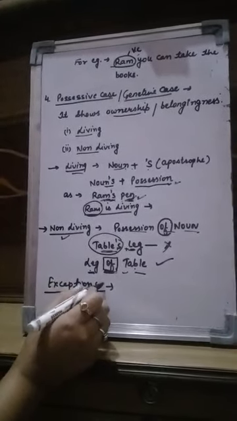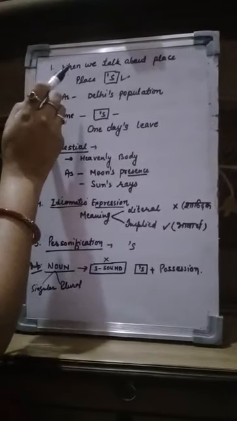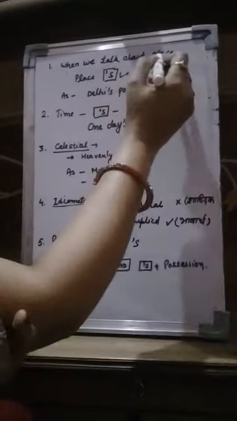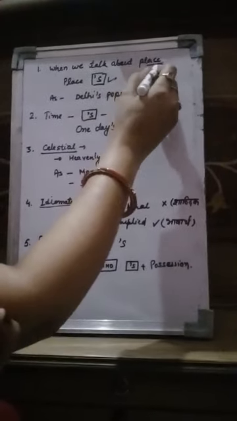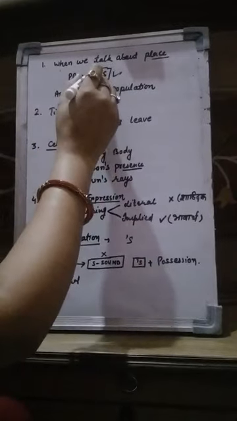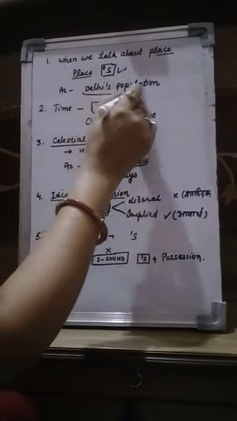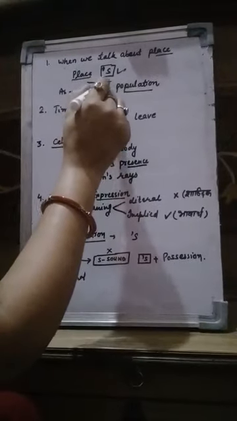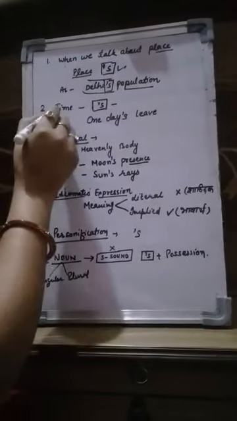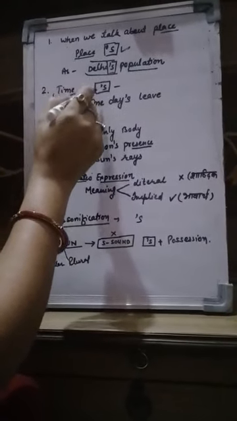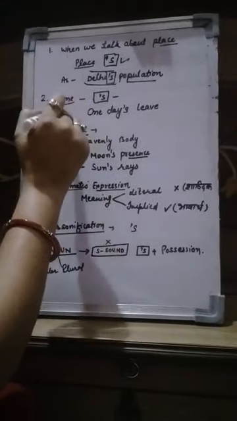We have some exceptions also. When we talk about place, we use apostrophe s, as in Delhi's population. And when we talk about time, we also use an apostrophe with the noun.